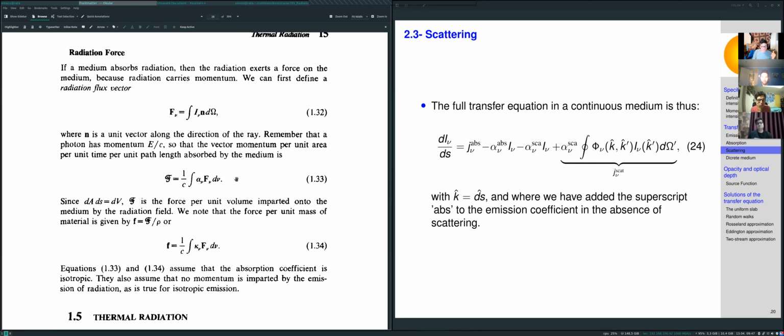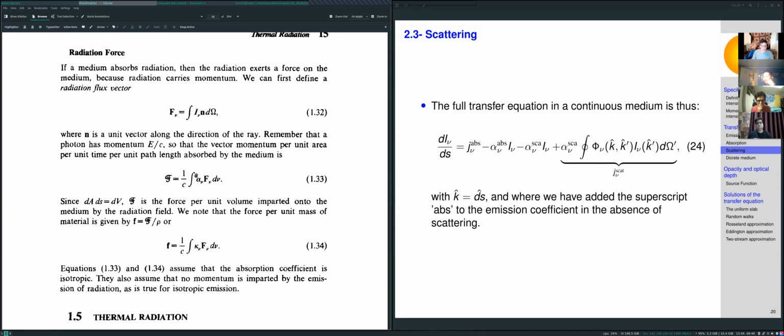Then there is this other definition. How does Rybicki-Lightman call this? F is the force per unit volume, which would be the same as the flux, but integrated over frequency and times the absorption coefficient.